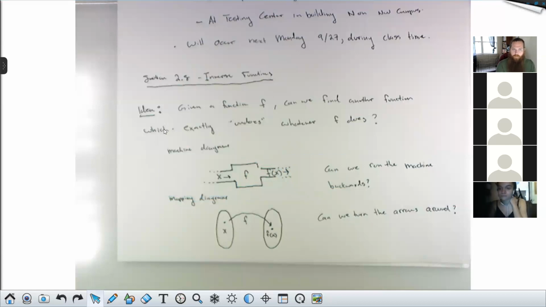So intuitively, I think most people want to answer this question with a yes. Yes, we can run the machine backwards. Sure, just run the belts the other way. Yes, we can turn this diagram around. Just point the arrows back the other way. But in the case of the machine here that burns off the paint logo, you have as your outputs a pile of blank cans. And if I want to run that machine backwards, I need to know which logo to paint on each can.